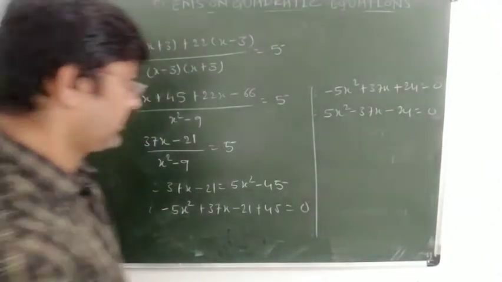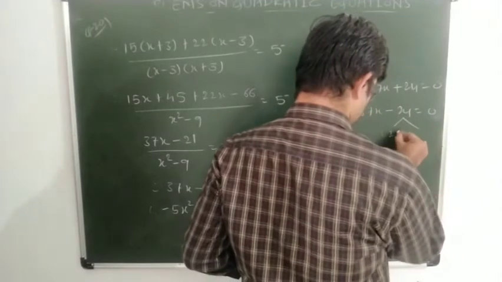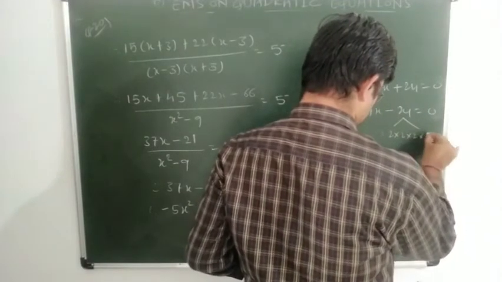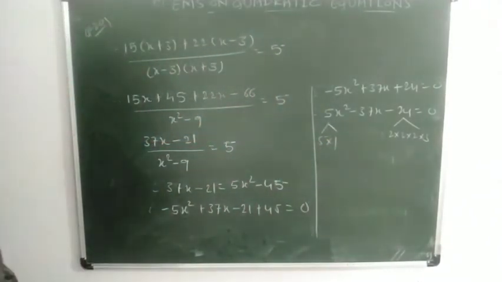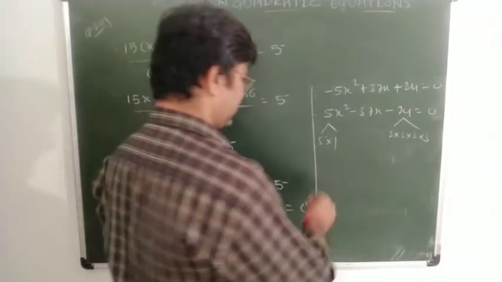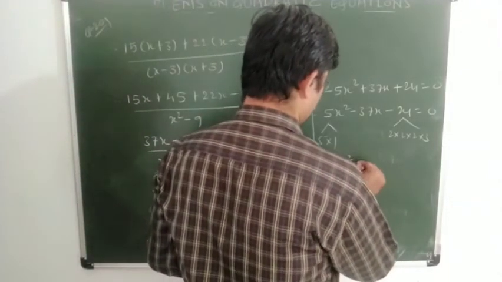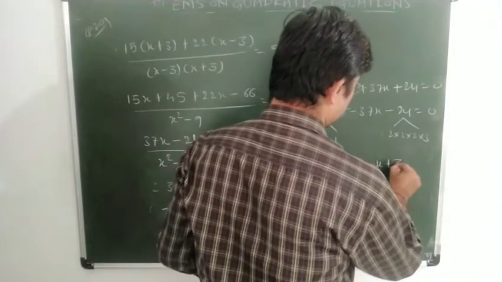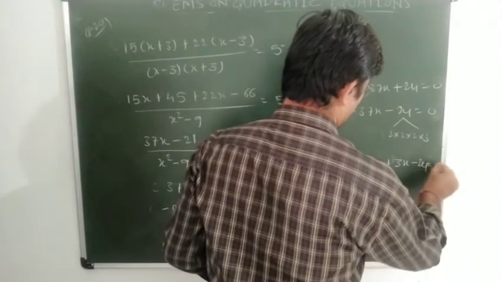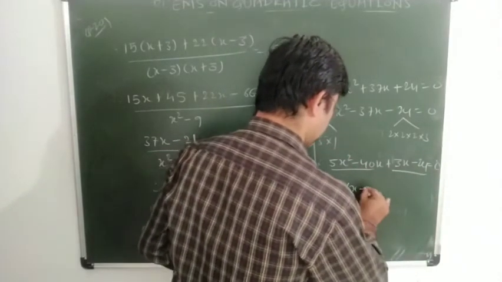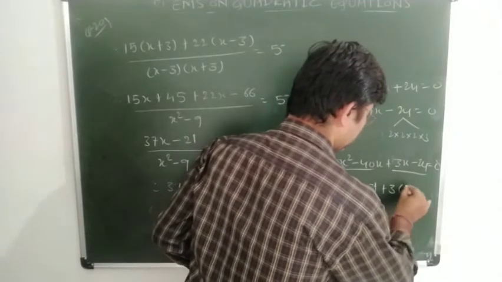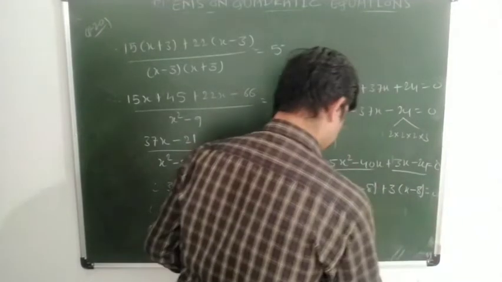Now 24 has factors like 5 and 1s, okay, the difference must be 37. So 40 and 3 are the numbers. Okay, therefore 5x square minus 40x plus 3x minus 24 is equal to 0. Therefore 5x common, x minus 8, plus 3 common, x minus 8 equals 0.